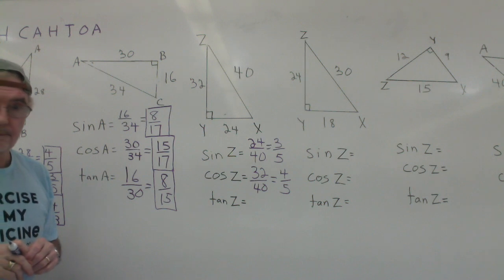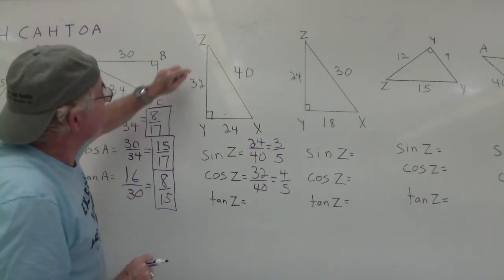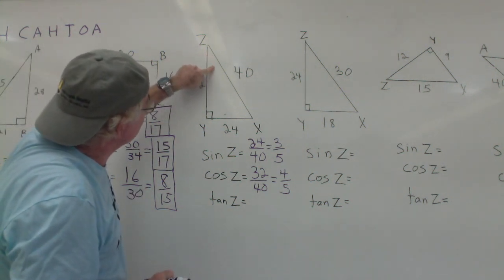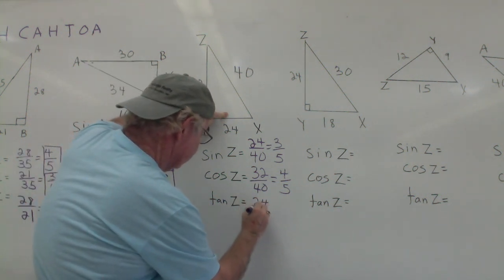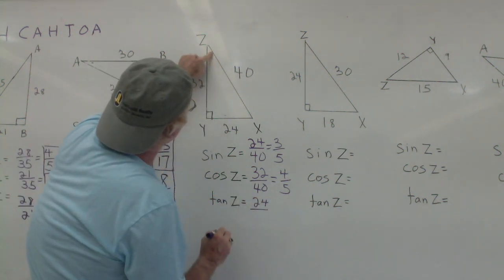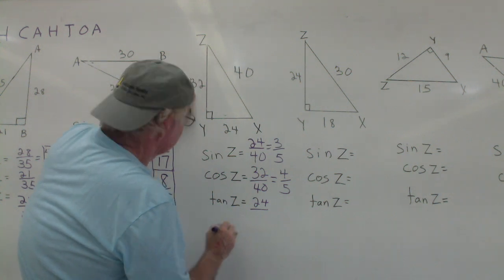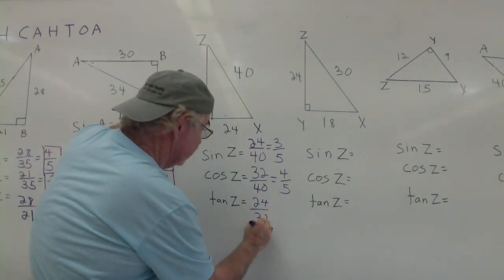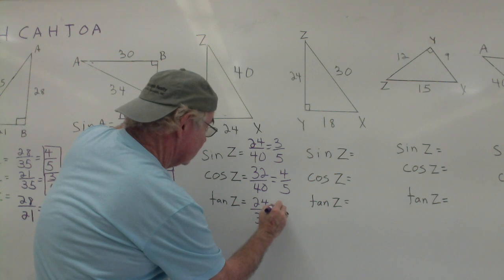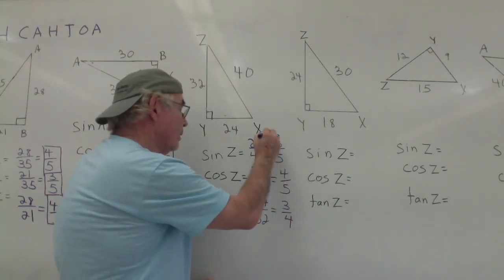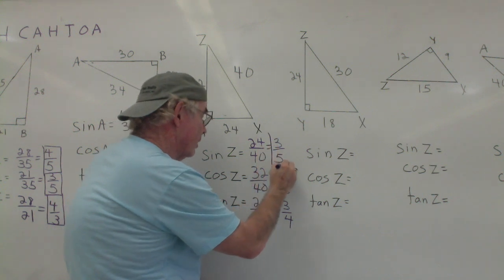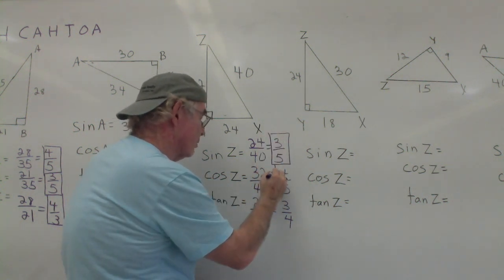And the tangent. The tangent is the opposite divided by the adjacent, and divide by 8s, and you get 3 over 4. So there's our 3 trigonometric ratios.